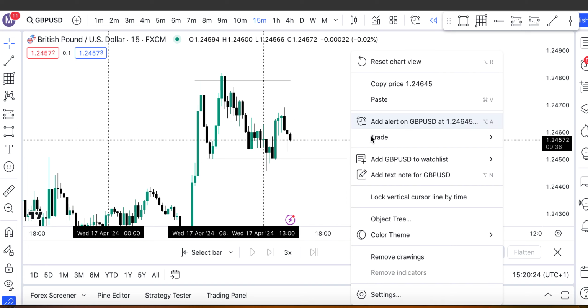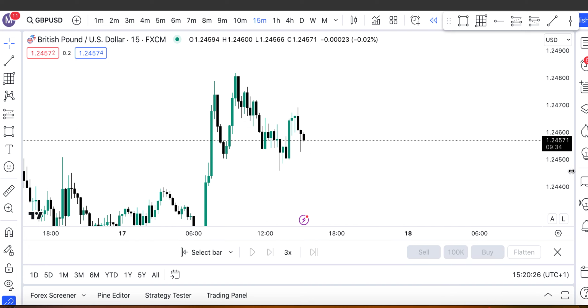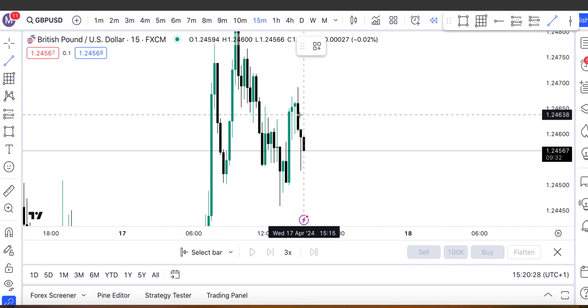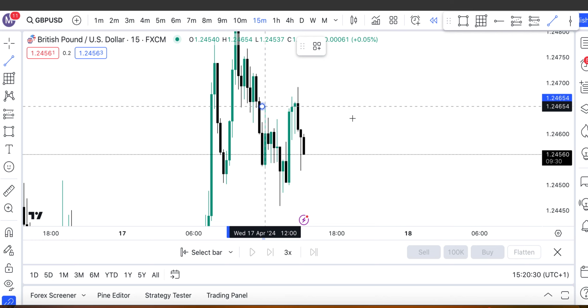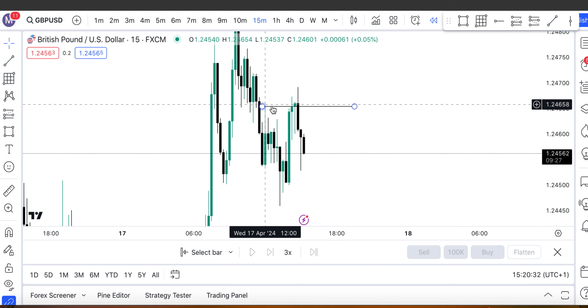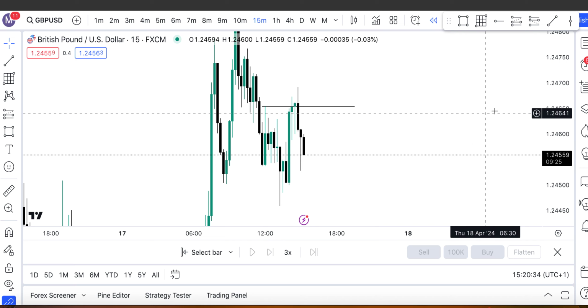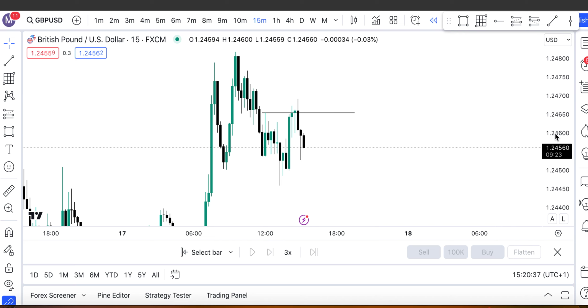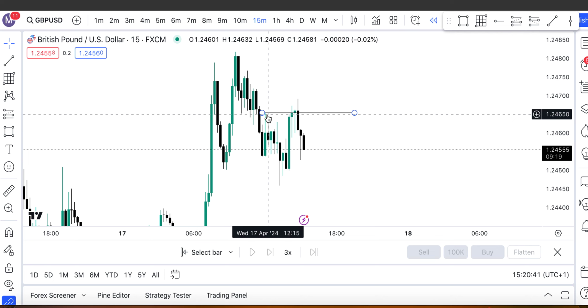So now we learn how, instead of taking a random trade based on this random buy-side liquidity, it's still buy-side liquidity here, this wick here. However, there's no reasoning behind why we're using this particular high.